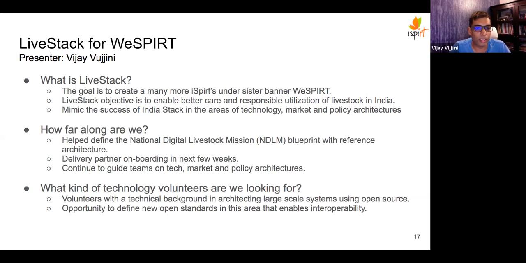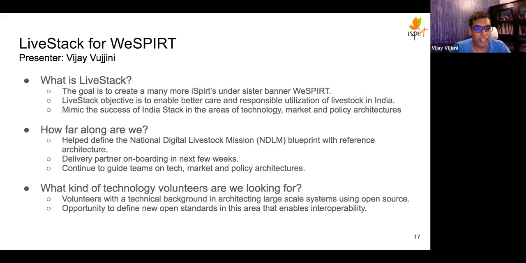So what we are doing in iSPIRT is taking all this collective experience as an organization, volunteers that we work together over the years, and then creating a system concern called iSPIRT to share this knowledge out and create more iSPIRTs across the country. And we are working closely with National Dairy Development Board in the Livestock animal husbandry side of the department, trying to bring this digital infrastructure and goods to a different sector altogether.